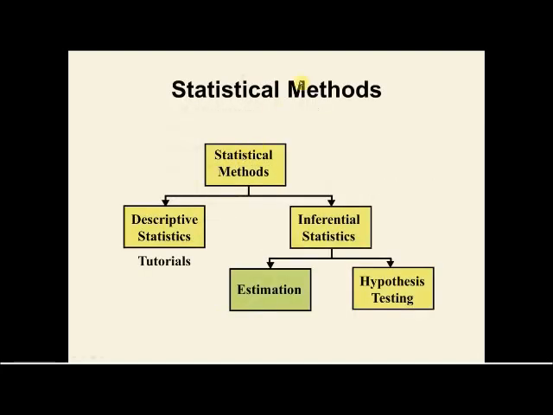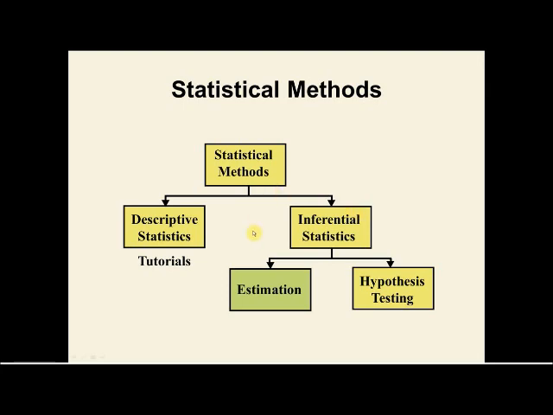The statistical methods that we're going to look at are estimation and hypothesis testing. They're called inferential statistics because they differ from descriptive statistics in that we use descriptive statistics to see what we can infer, or sort of guess or say, about something.